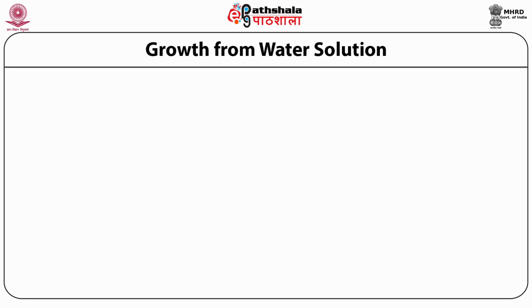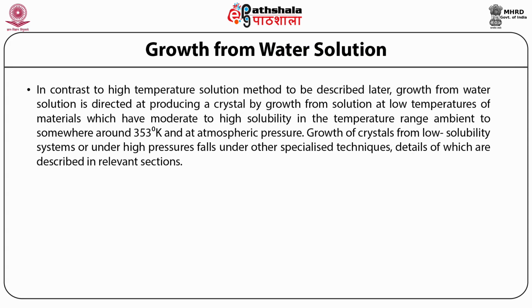Growth from water solution. In contrast to the high temperature solution method, to be discussed later, growth from water solution is directed at producing a crystal by growth from solution at low temperatures of materials which have moderate to high solubility in the temperature range ambient to somewhere around 353 K and at atmospheric pressure.